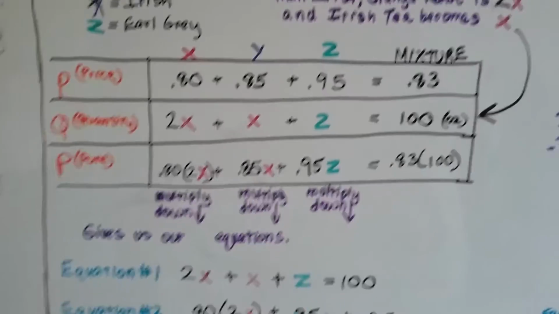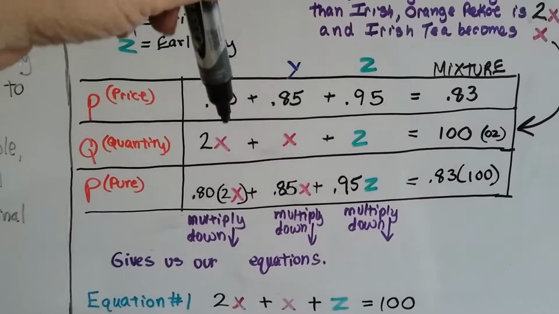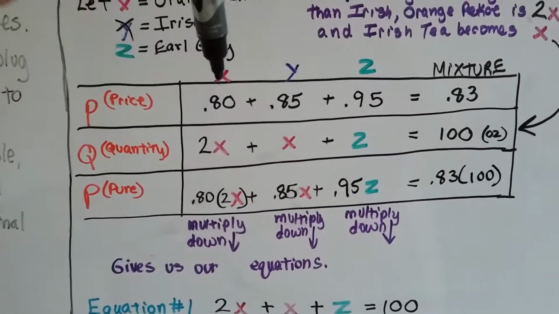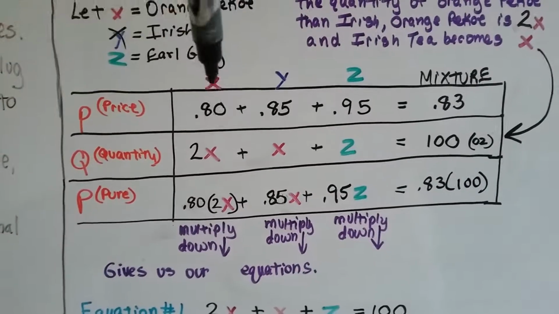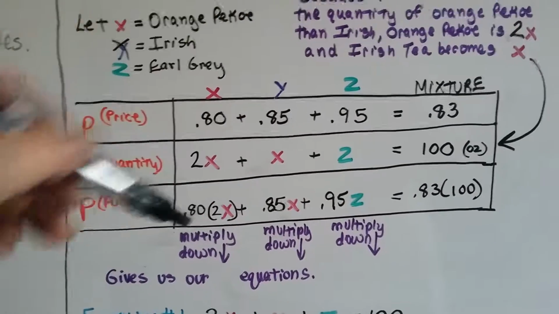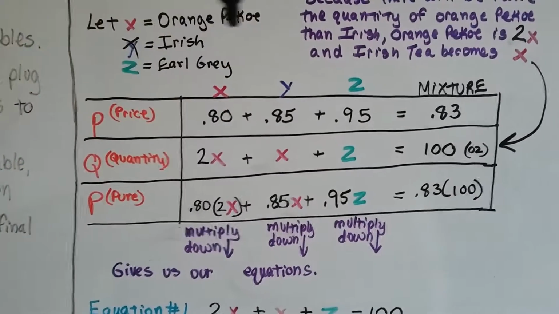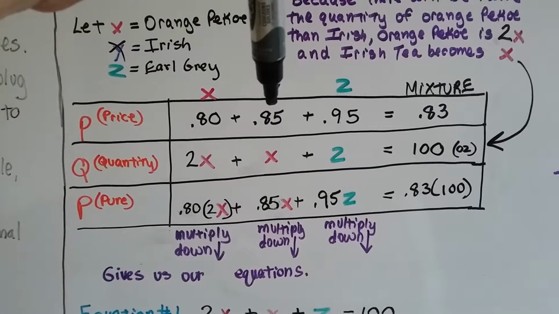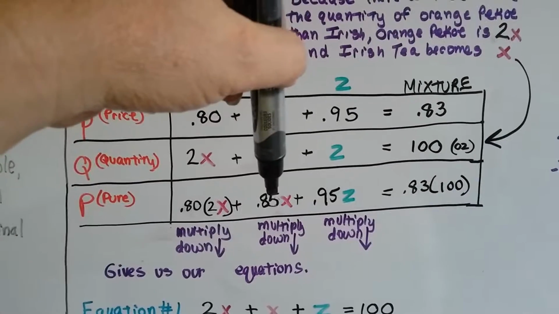All right? So, to multiply straight down, we've got 0.80 times 2x, and that gives us the first part of equation 2. Then we've got 85 cents times x for the second part of equation 2.